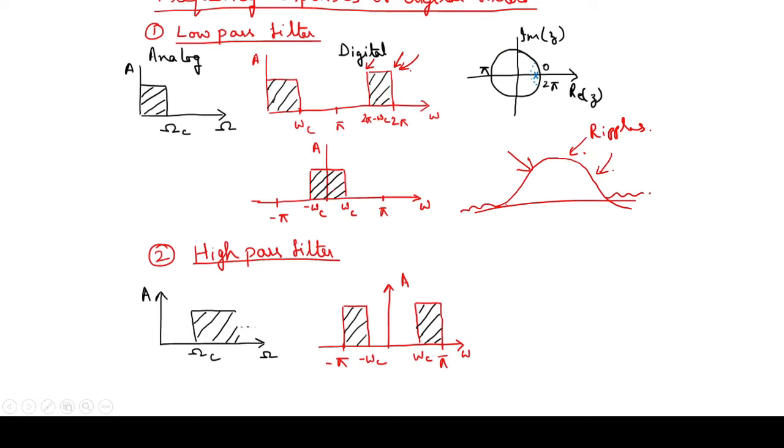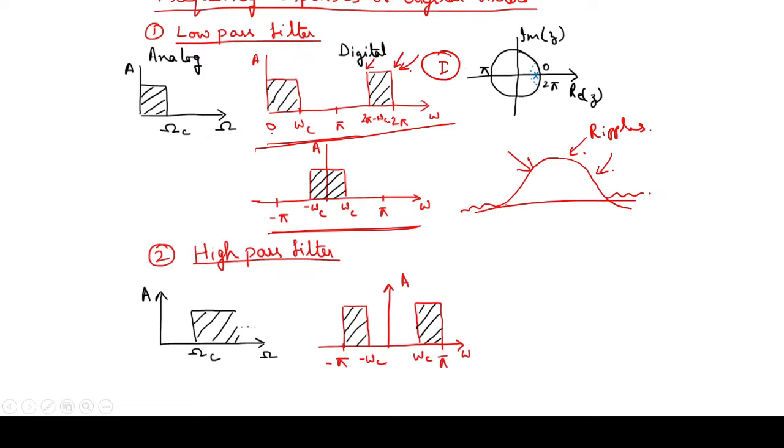In our last class I told you how you can draw the frequency responses of different filters including the low pass filter. In the first case of the low pass filter, the limit varies from 0 to 2 pi. The pass band is in the region of 0 to omega c and 2 pi minus omega c to 2 pi.